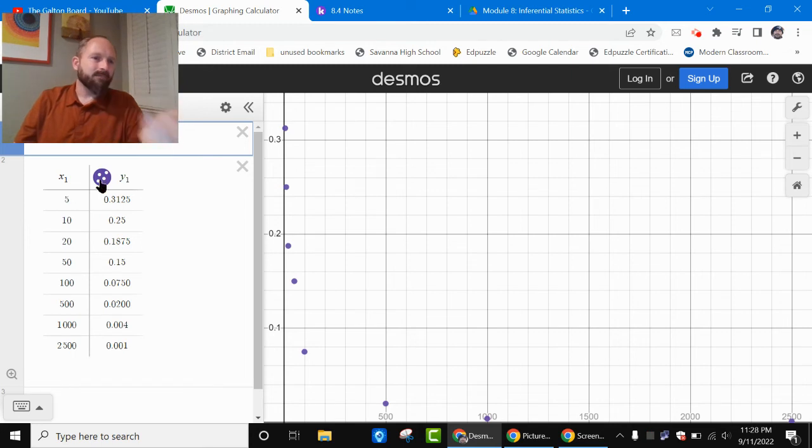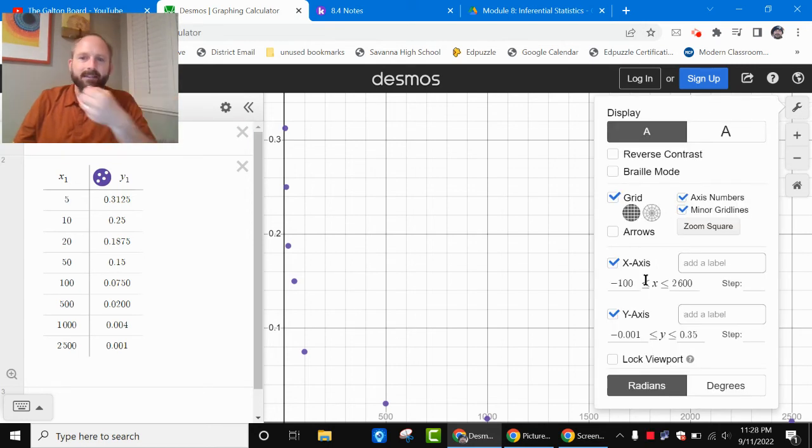I have my x1, y1, these are my points. I had to make my x-axis from -100, so it'd have a little space, to 2,600. I had to make my y-axis go from about -0.01, so I have a little space, and it doesn't look like I have a lot of space.